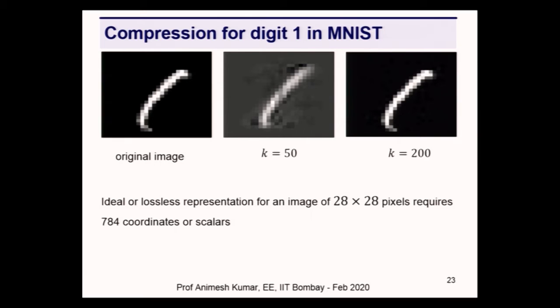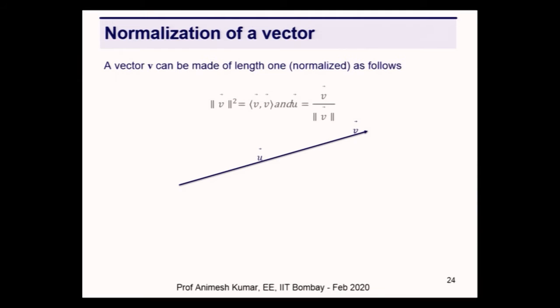Looks a bit blurry, not super, but if I go towards, let's say, k equal to 200, this is 200 point approximation, about 4 times compression. And it's very difficult to tell whether this one is the original or this is the lossy one or vice versa, right? I think some of it is happening because of the lighting also. This light is shining on this, but this is darker than this.